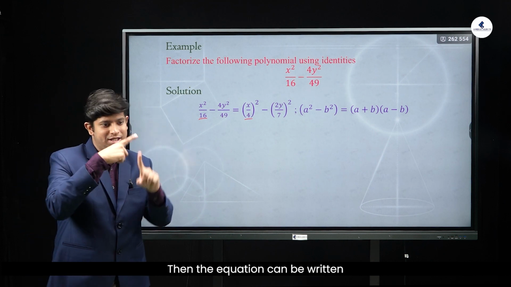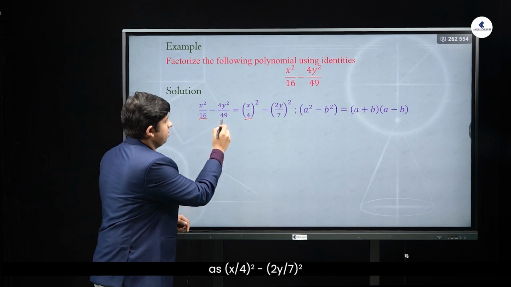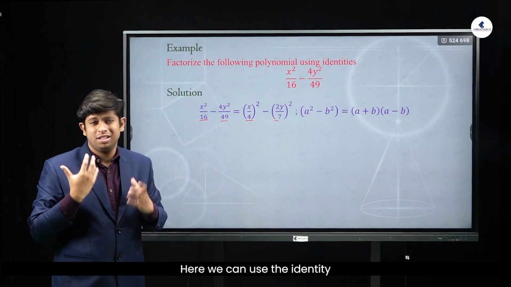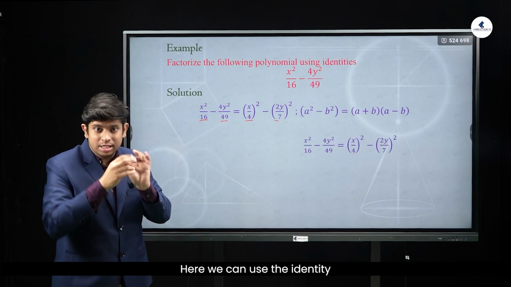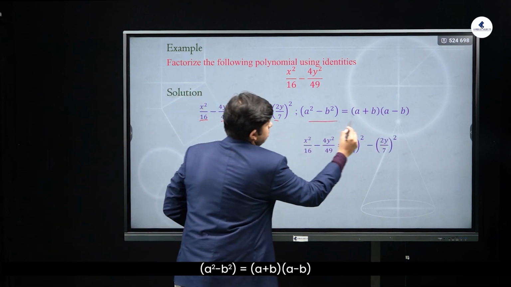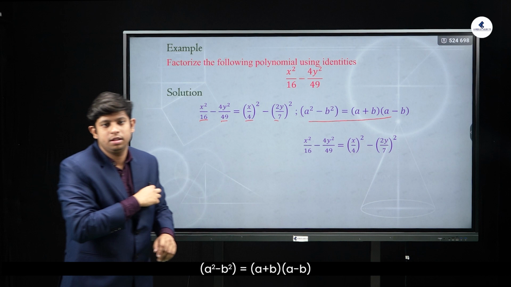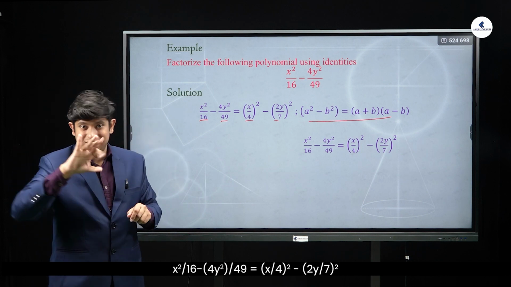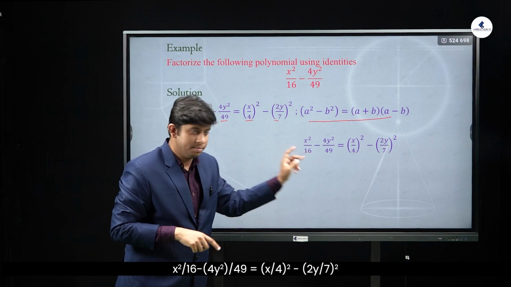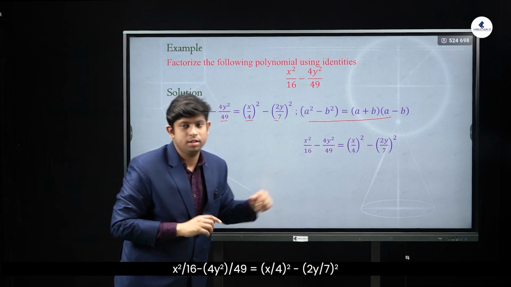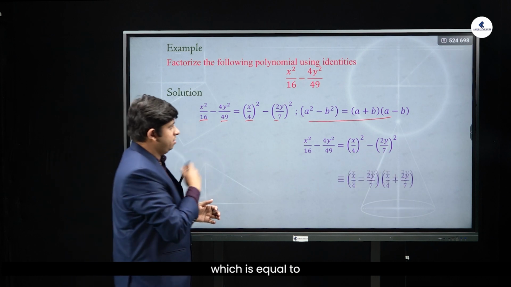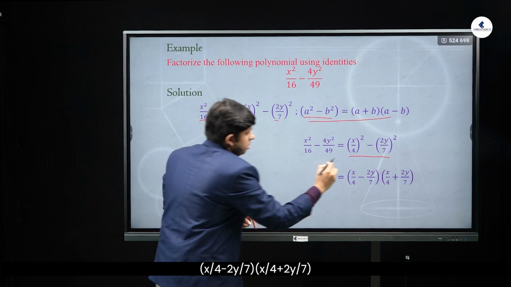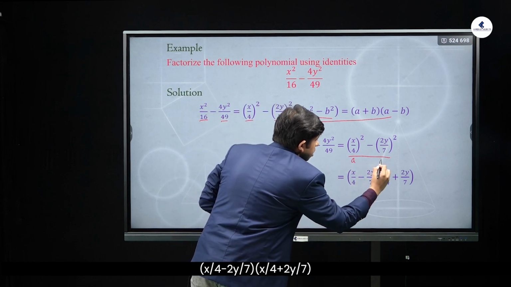Then the equation can be written as x by 4 whole square minus 2y by 7 whole square. Here we can use the identity a square minus b square, which is equal to a plus b into a minus b. So x square by 16 minus 4y square by 49 is equal to x by 4 whole square minus 2y by 7 whole square, which is equal to x by 4 minus 2y by 7 into x by 4 plus 2y by 7.